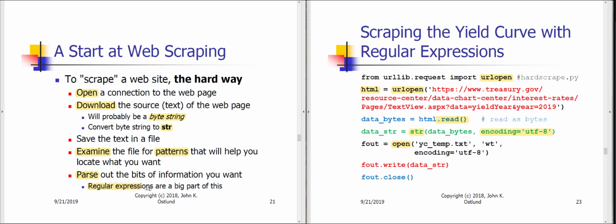Regular expressions are often a very important tool for doing this parsing of the information contained in the file. So let's see what we get if we run this so-called hard scrape Python program.